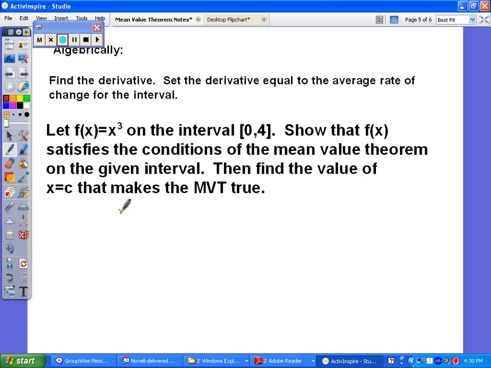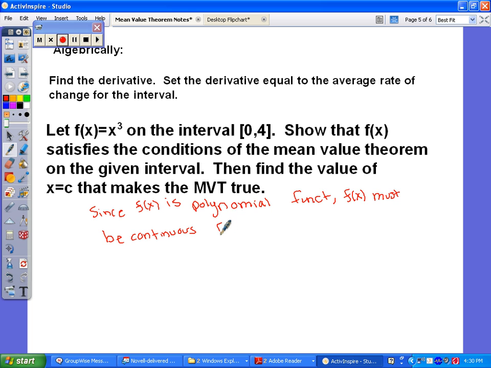So the first thing we have to show is that f of x is continuous, and since f of x is a polynomial function, by definition of a polynomial function, f of x must be continuous for all real numbers, but definitely on the interval 0, 4.